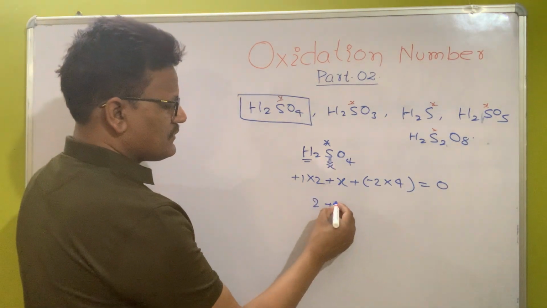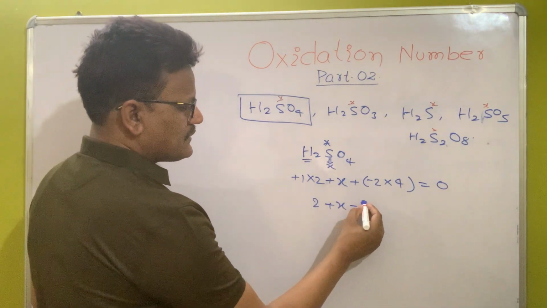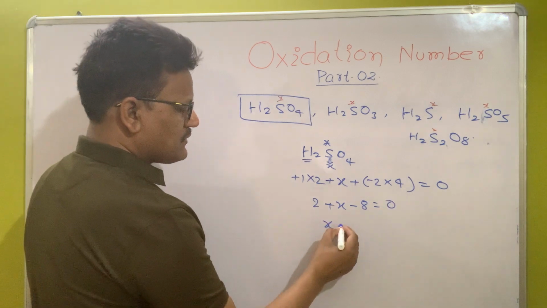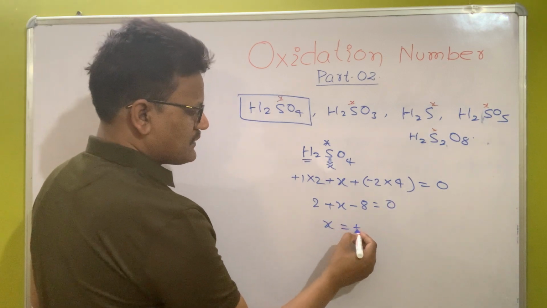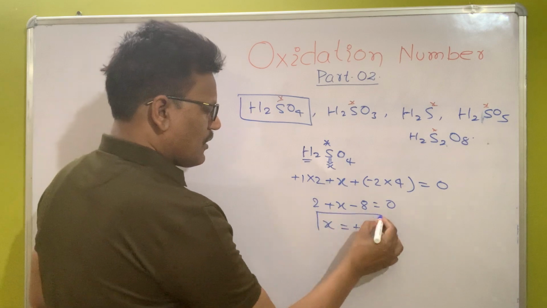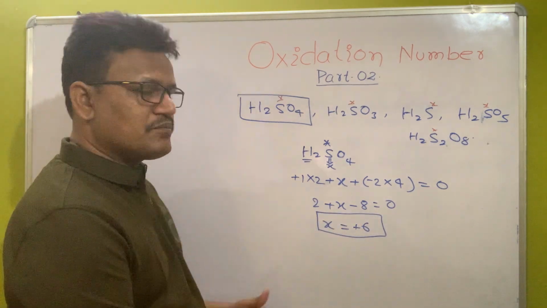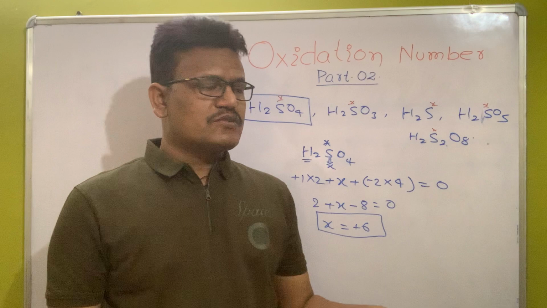After solving, we get x equal to +6. So the oxidation number of sulfur is +6 in H2SO4.